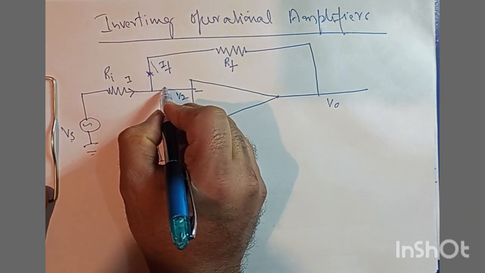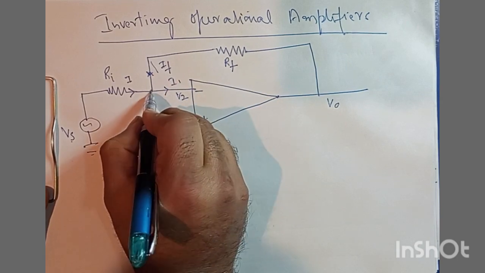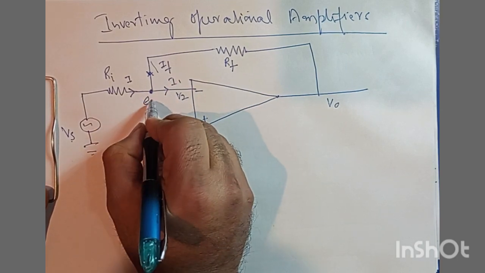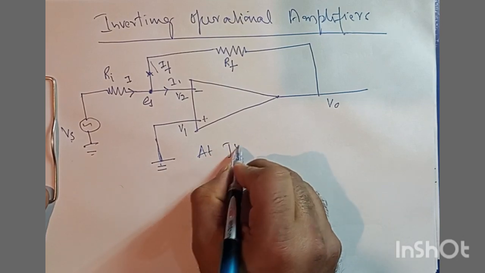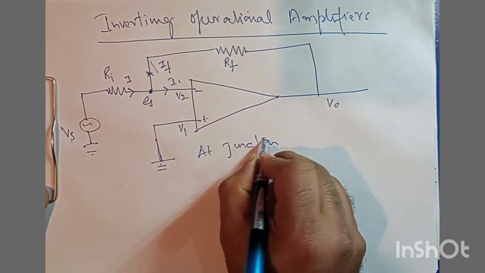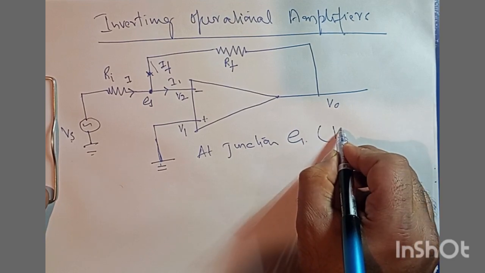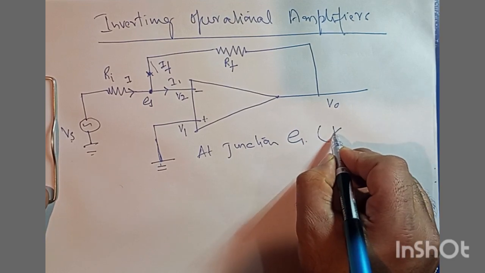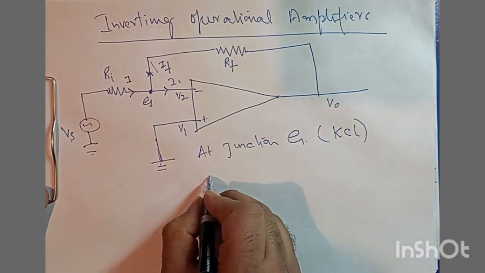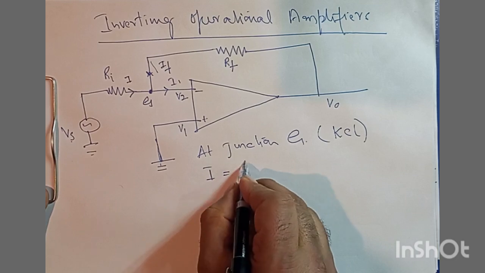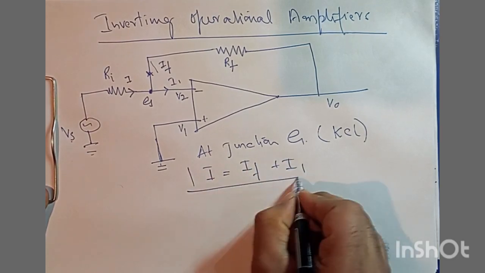This is IF, and it will go like this, and this is I1. So at this junction, say for example G, at junction G, we can make use of KCL, and we have I equal to IF plus I1.